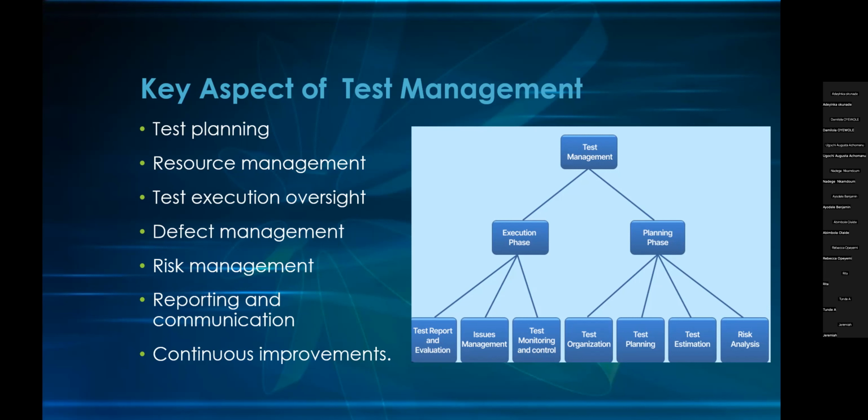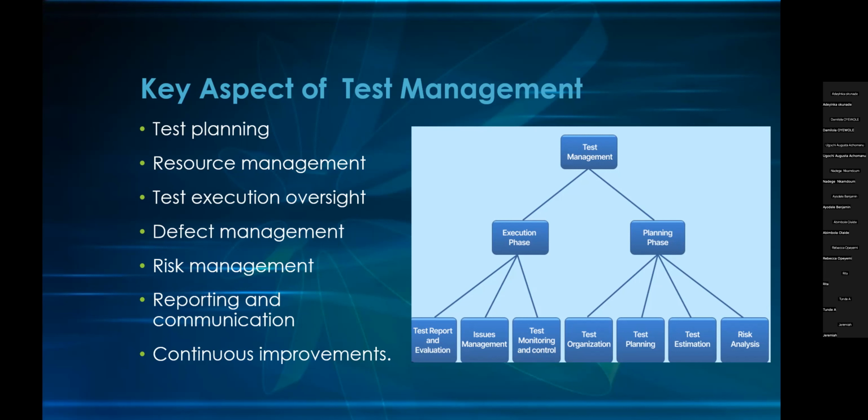Resources include human resources, the testers, and the automation testers, to ensure that testing activities are adequately resourced and completed to schedule. We also have test execution oversight. I'll just go through it quickly.